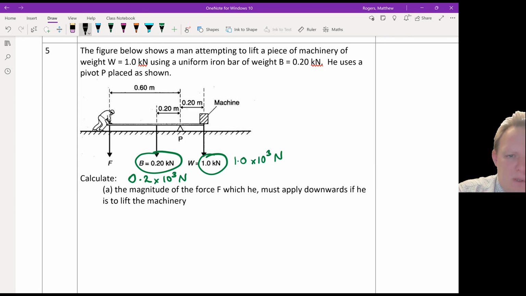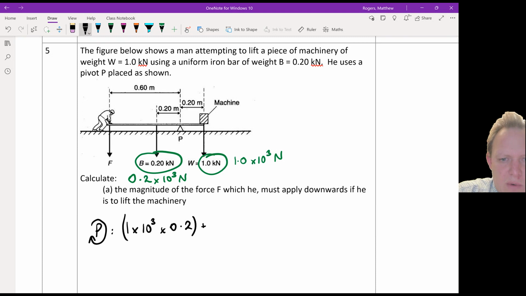So we're going to take some moments around position P, the pivot. In terms of clockwise moments, we've just got one. It is the force of 1 times 10 to the 3, and it is acting at a distance of 0.2 meters. I have 2 anti-clockwise moments, one provided by the weight of the bar, that's 0.2 times 10 to the 3 at a distance of 0.2 meters, and the one provided by the man pushing downwards.